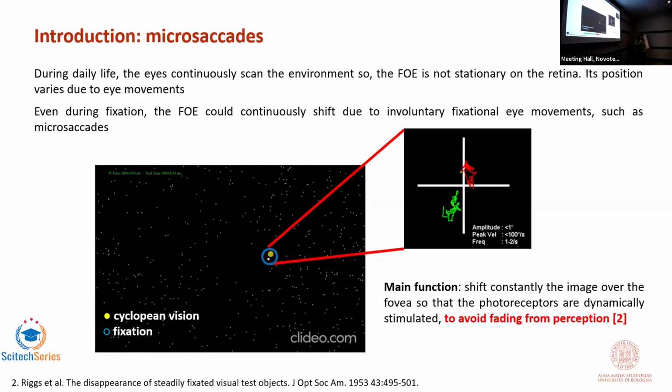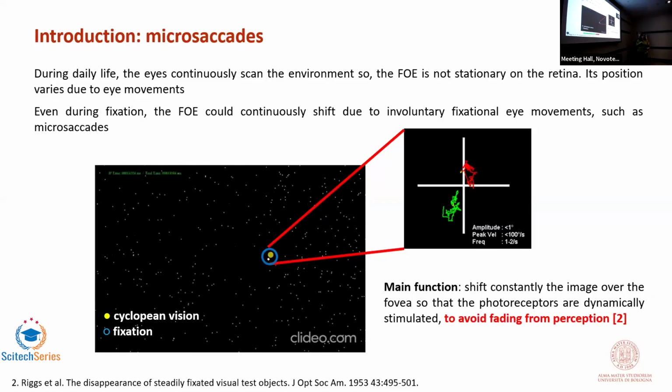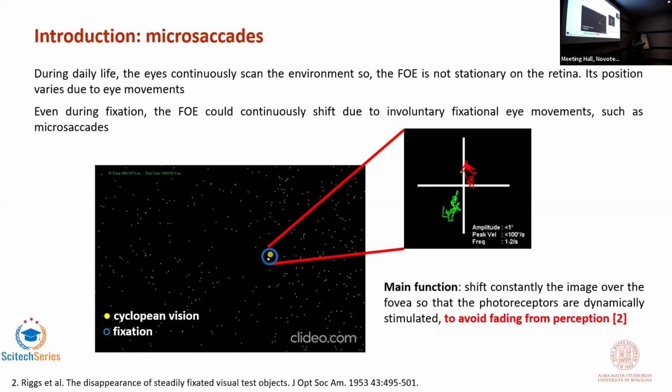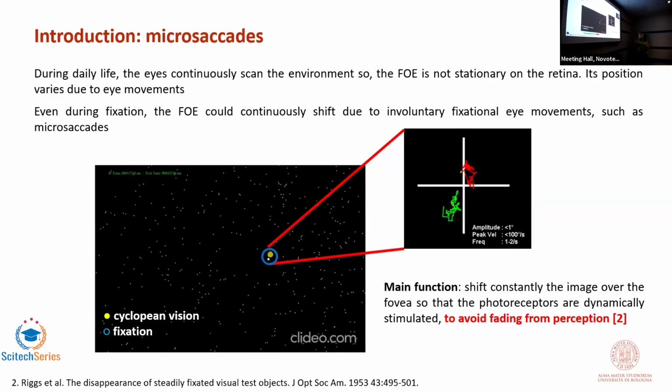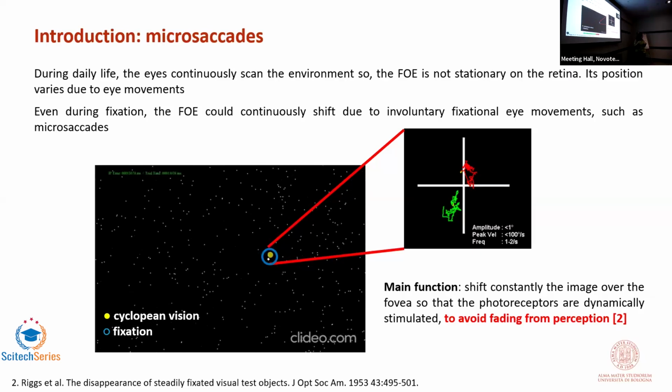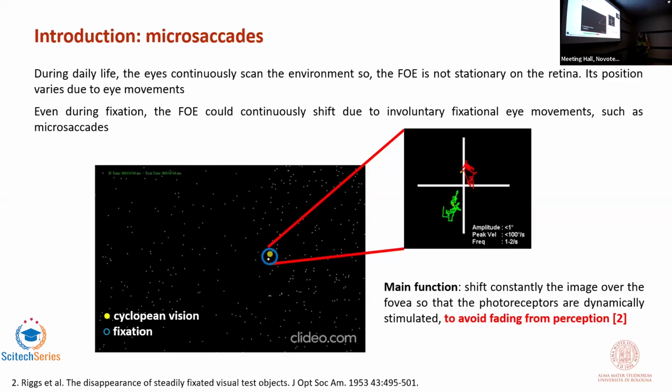Microsaccades are still a brand new field of study, so we don't know much about them. Some people say microsaccades are useless, so they don't study them. Somebody else says that microsaccades are useful to avoid fading from perception and to avoid adaptation of receptors.